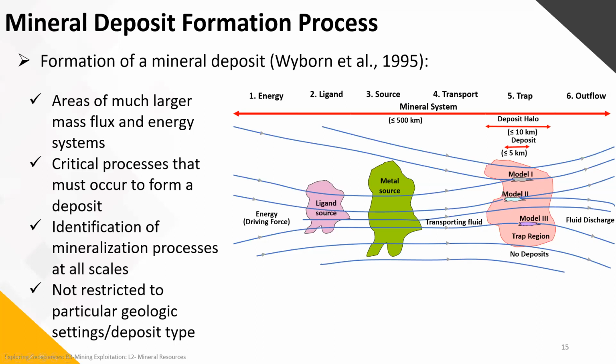So areas of much larger mass flux and energy systems are needed. Critical processes that must occur to form deposits are shown here. The identification of mineralization processes has to be interpreted at all scales, and it is not restricted to particular geological settings and deposit types. These criteria are needed for any type of mineral deposit.